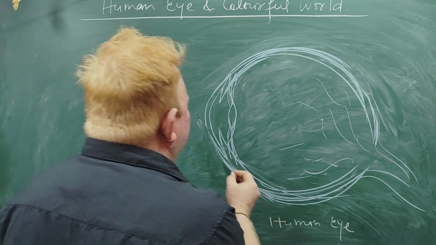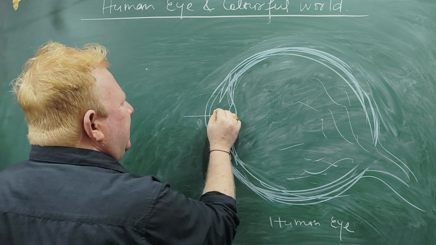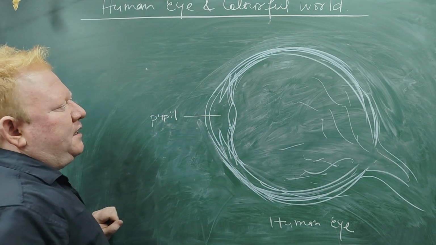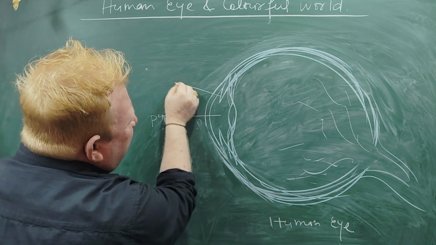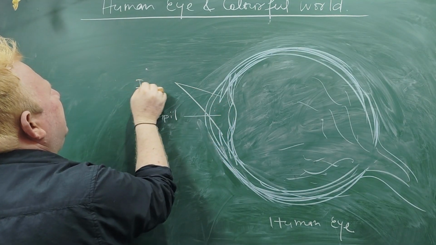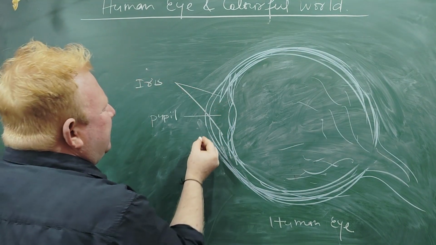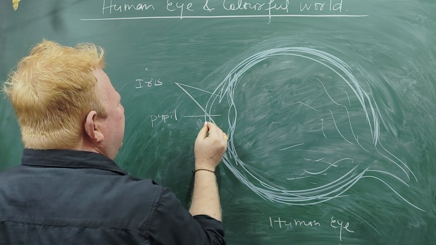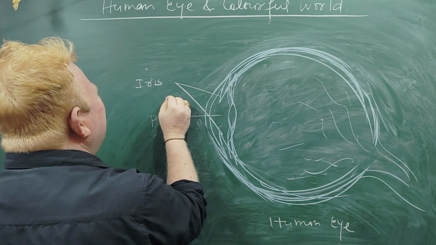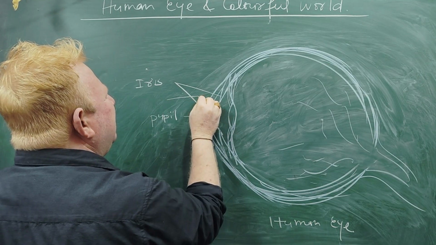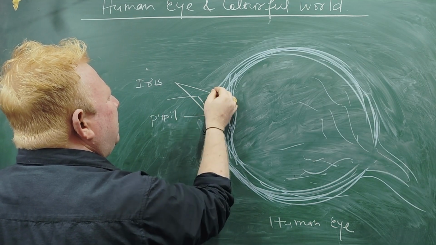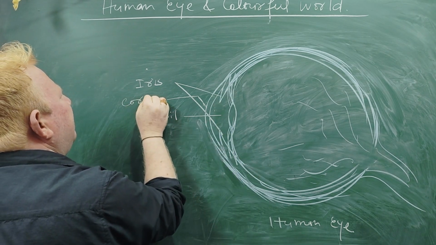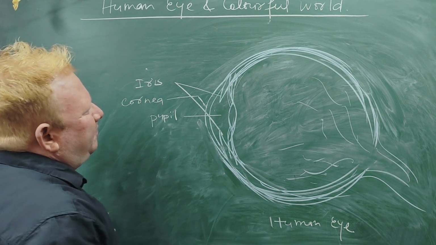This area we call pupil, right, and this structure, this too we call iris, and this uppermost transparent part, this one, the bulging part, this is called cornea, right?